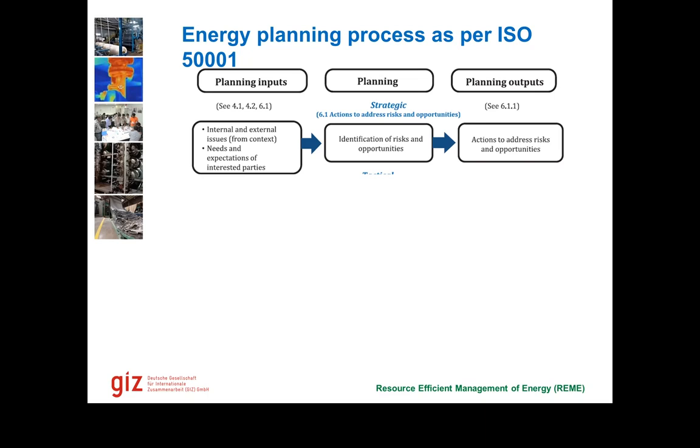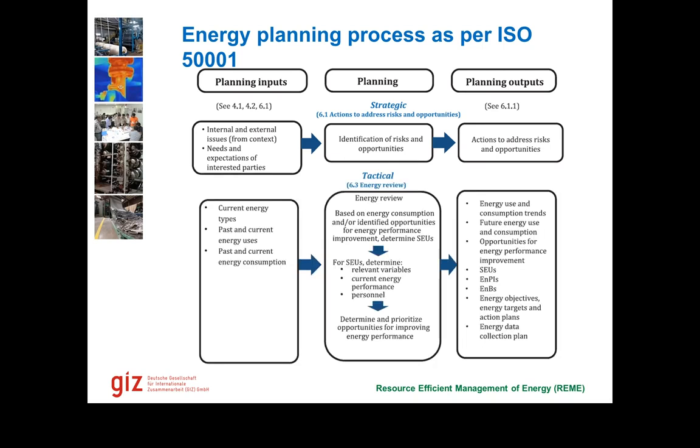For that, they need to understand what the internal and external issues are, and what the expectations of interested parties are. We already discussed this earlier. And then they need to make an action plan to address these strategic level issues. But then there is a tactical level as well, where we do an energy review. As Hung said earlier, we do an energy review with the factory.